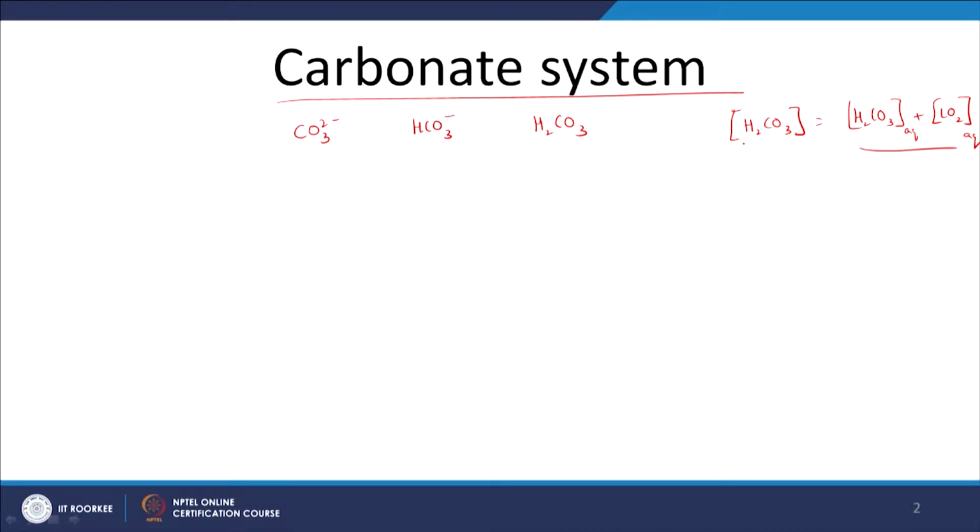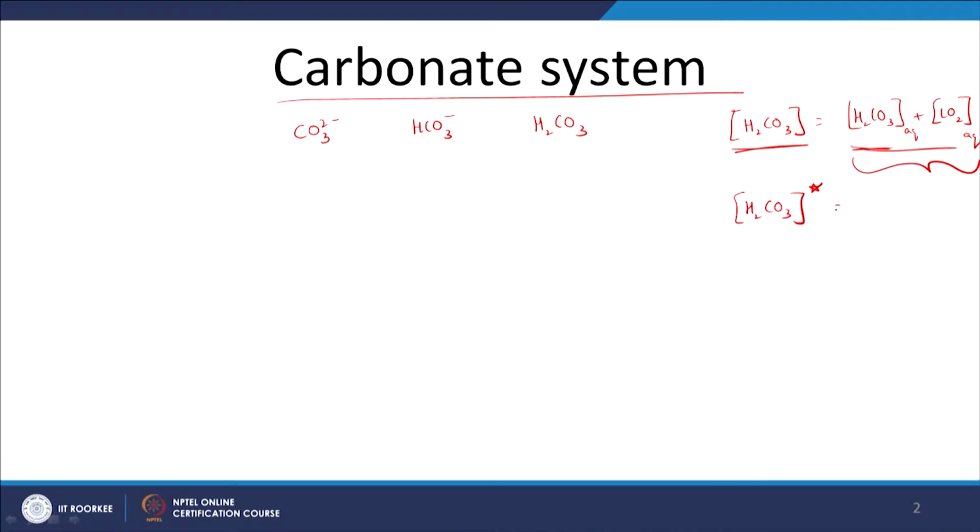So in general, when people talk about carbonic acid, they refer to both the dissolved carbon dioxide and the actual carbonic acid in the water. Some people use the notation with an asterisk, so whenever you see H2CO3 with an asterisk, this is what it means, different terms or terminology.